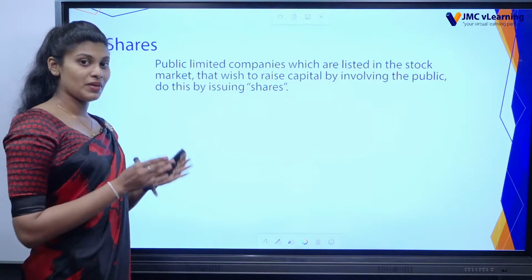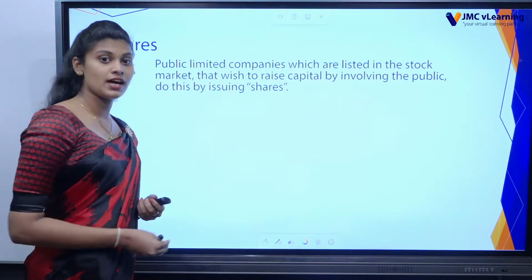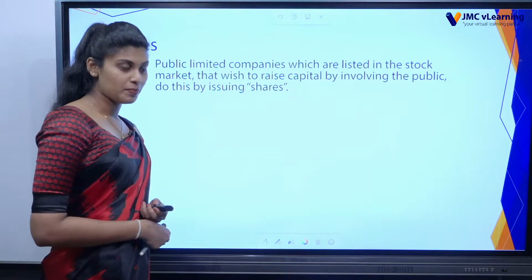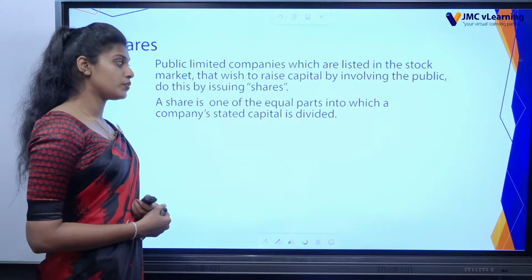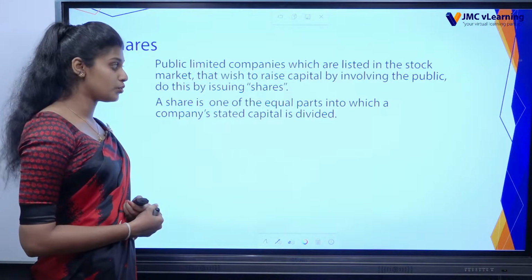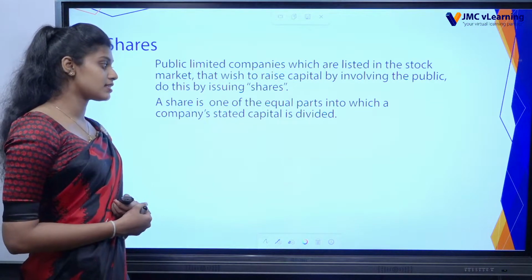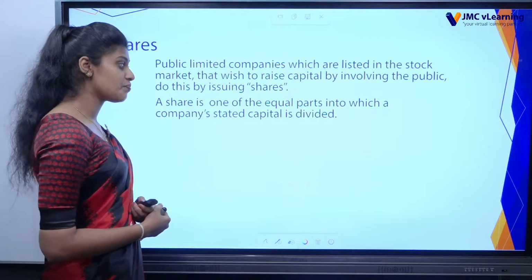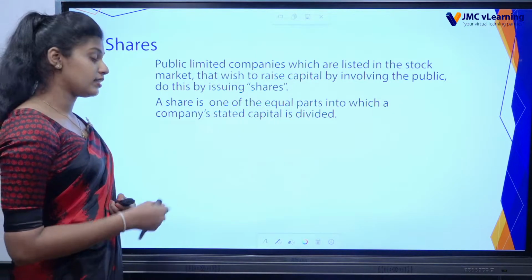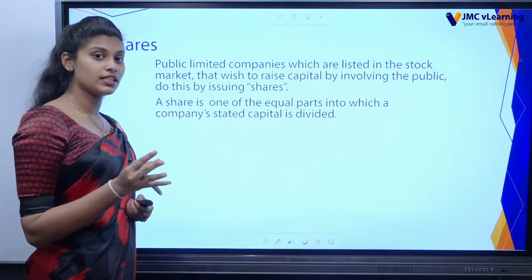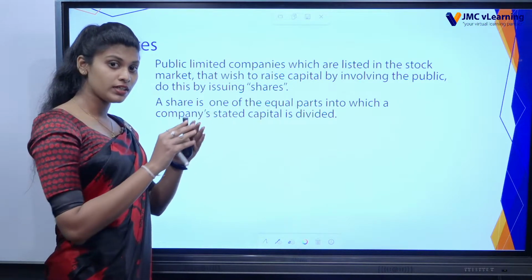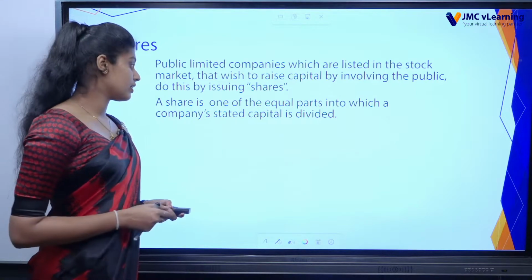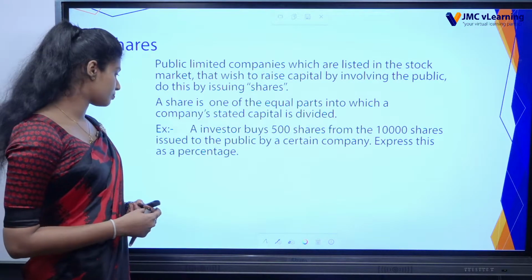That means the main person is issuing shares to the general public, and a share is one of the equal parts into which a company's stated capital is divided. Then these shares are equal to each other. We are dividing the main money into equal parts. They are the shares.